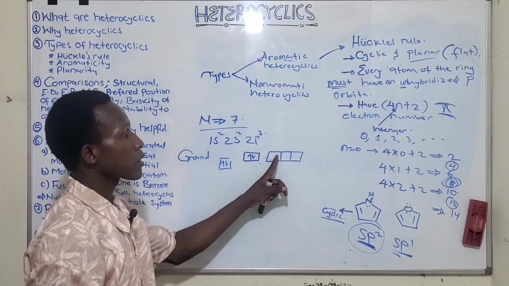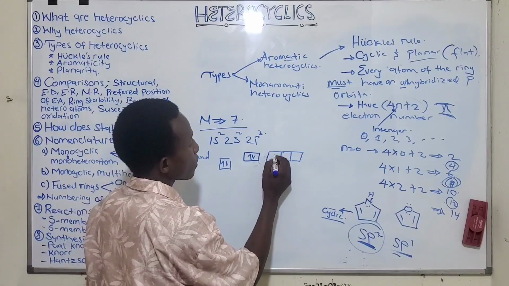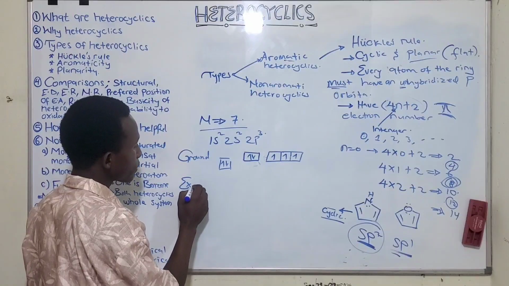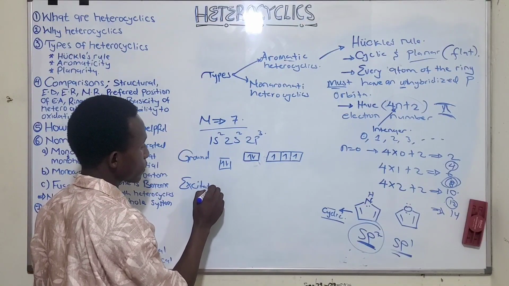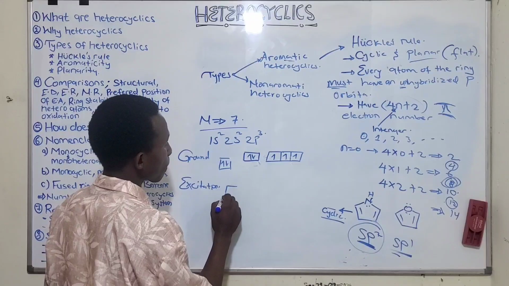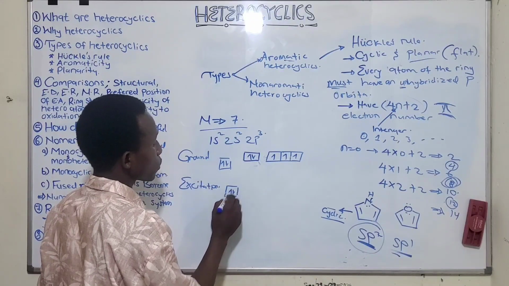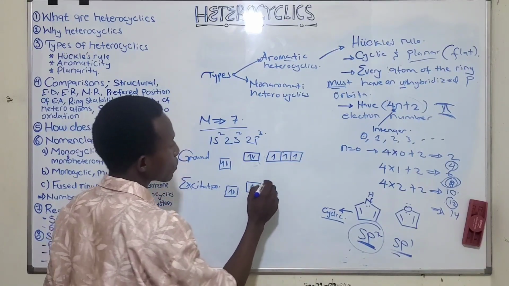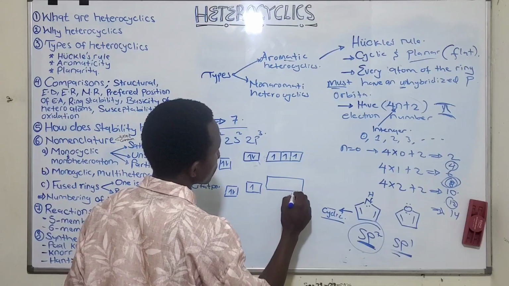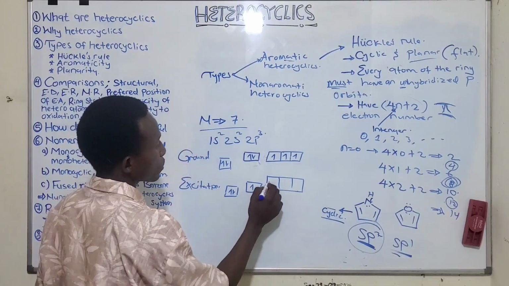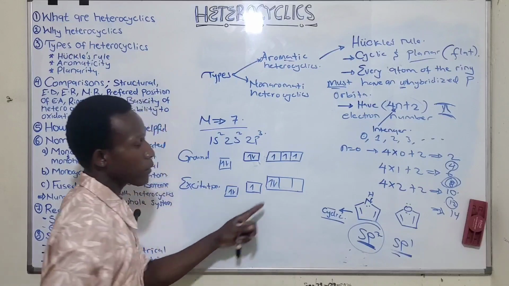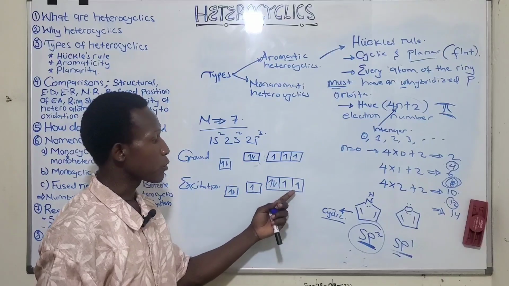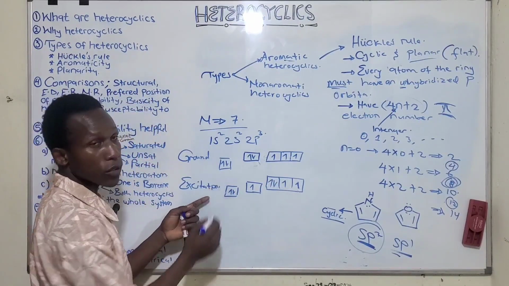And remember, 2p has 3 sub-orbitals having 1, 1, 1. Then at the excited state, we have the 1s2, then the 2s2, one electron will go to the 2p3. So we form this. Then these two unpaired electrons will be like this. So this is at the excited state.